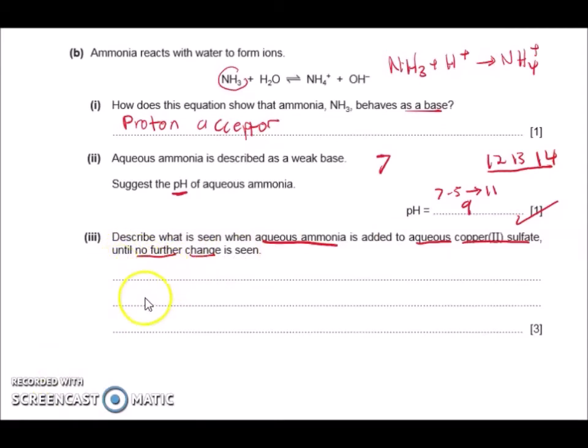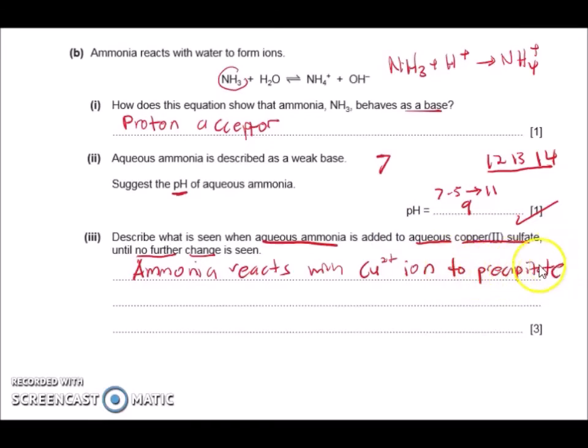Okay, so here the answer will be: the aqueous ammonia reacts with copper(II) ions to precipitate light blue copper hydroxide.